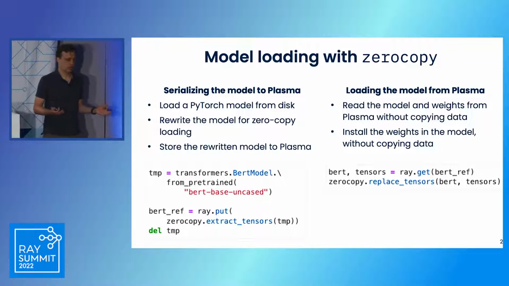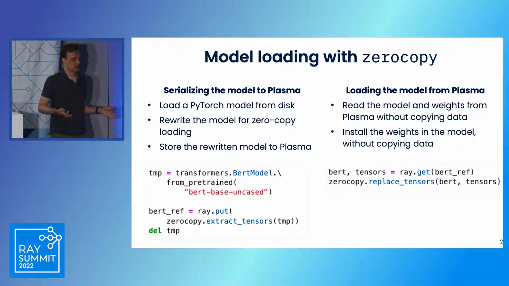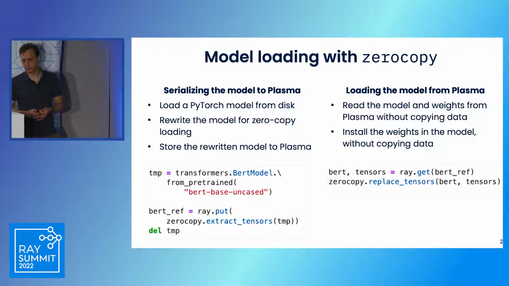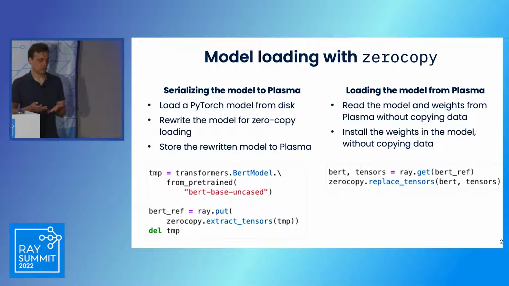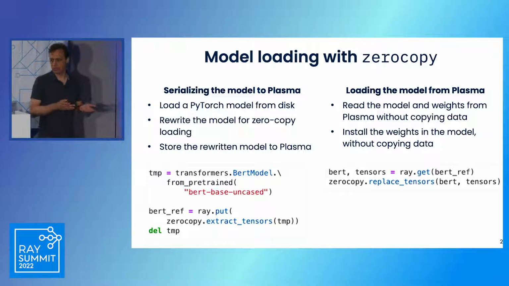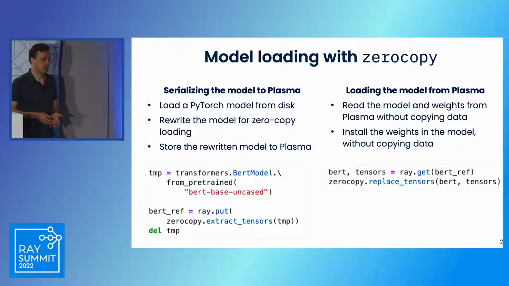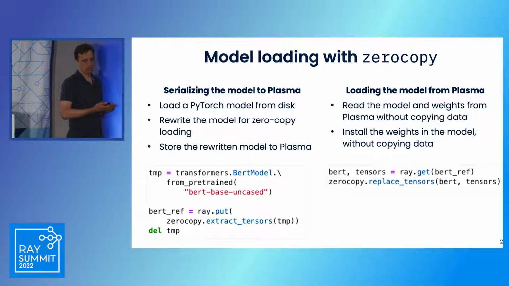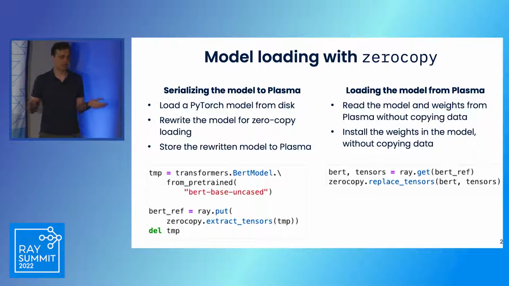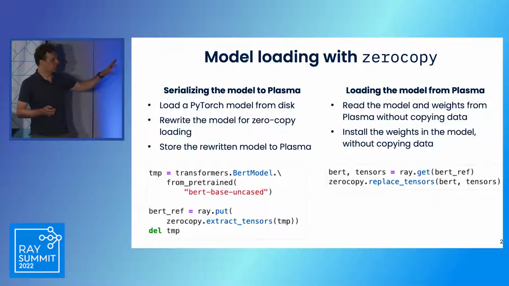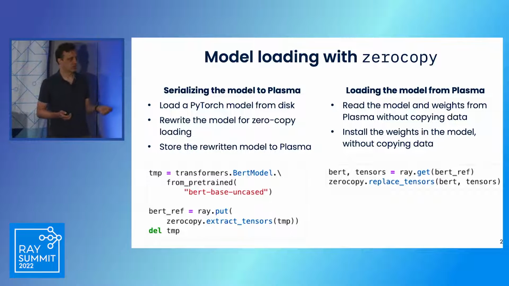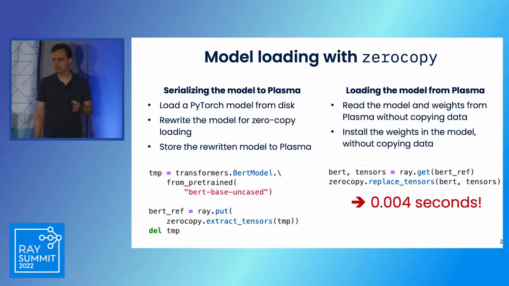And then to load the model back from Plasma without copying any of the weights data, you just call ray.get on the thing you put into Plasma, and then pass the resulting tuple through zerocopy's replace_tensors function. And that gives you back a model that you can run inference on immediately, again, without copying any data. If you load a model this way, you're loading the model with 0 copies. You can load BERT base in 0.0004 seconds, 4 milliseconds.